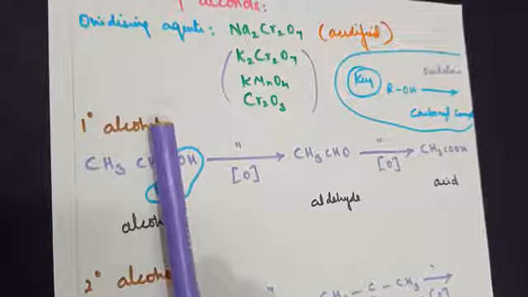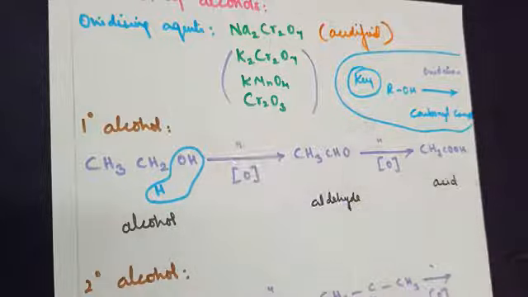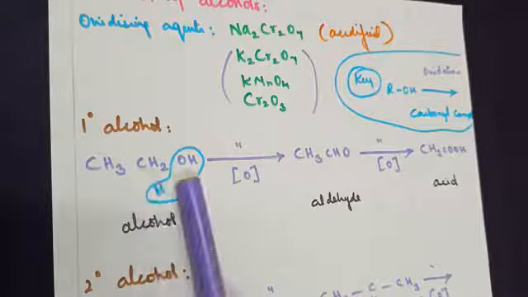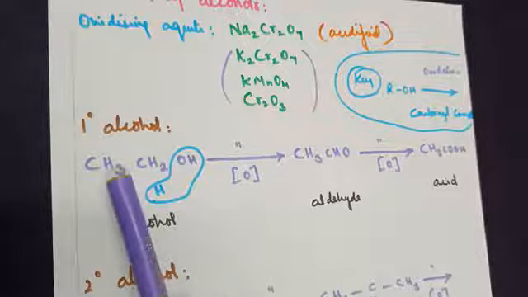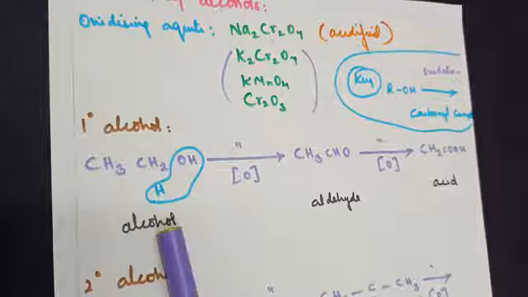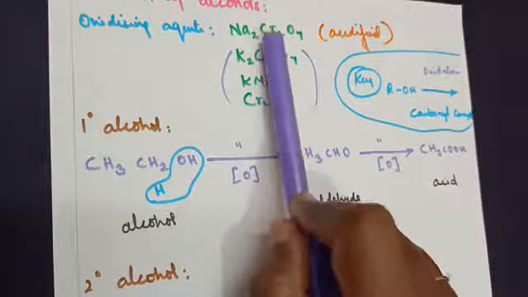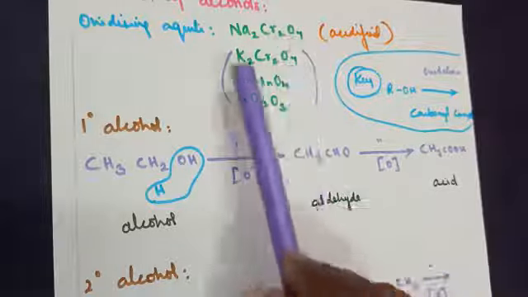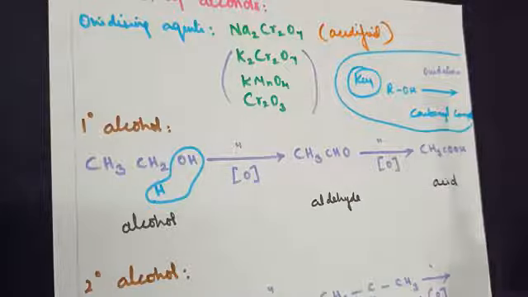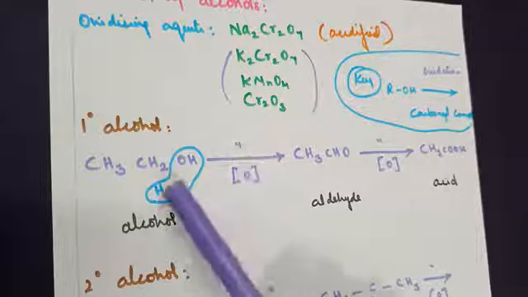Primary alcohol. Now you know how to distinguish between a primary, secondary and tertiary alcohol. In this case I have considered ethanol. How do I say ethanol? Because two carbons are there, so I have written it as an alcohol. Ethanol on oxidation with sodium dichromate, or any one of these oxidizing agents, loses a water molecule.